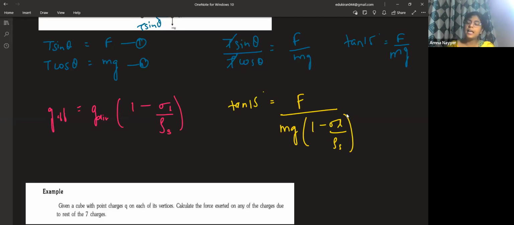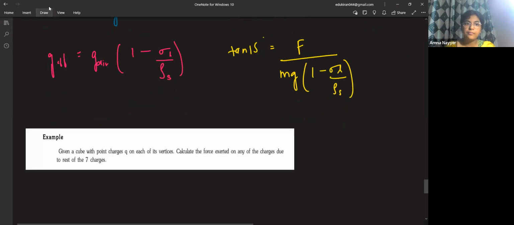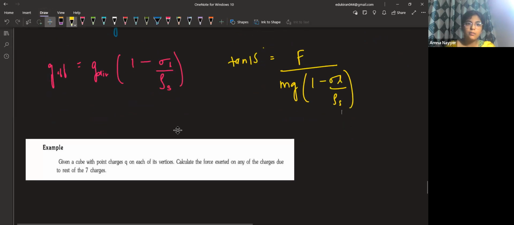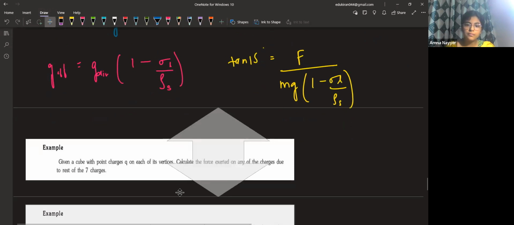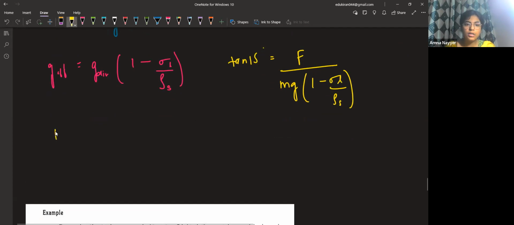Fine. And epsilon naught, you do not put it as epsilon naught. Whenever you are substituting it, put it as epsilon and calculate the values. Do not take the force, take it as kq square by a square. The value of K, this will become epsilon, which we take as kq square by a square.